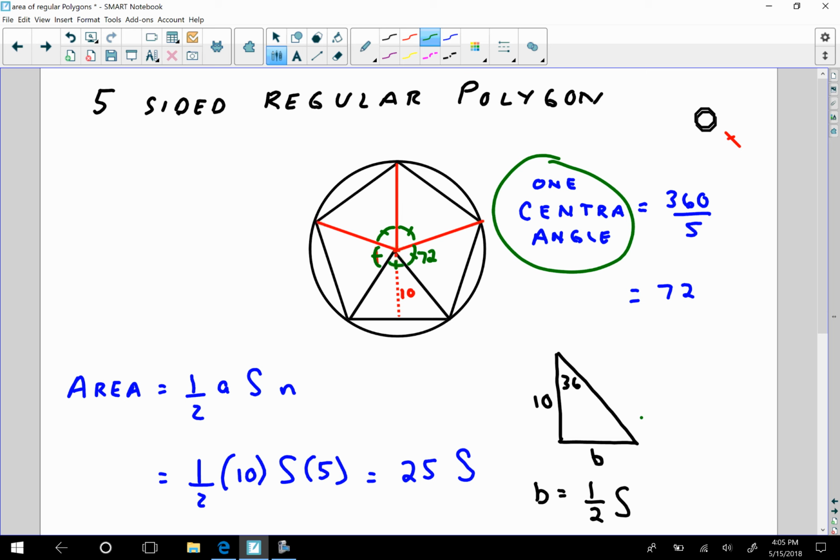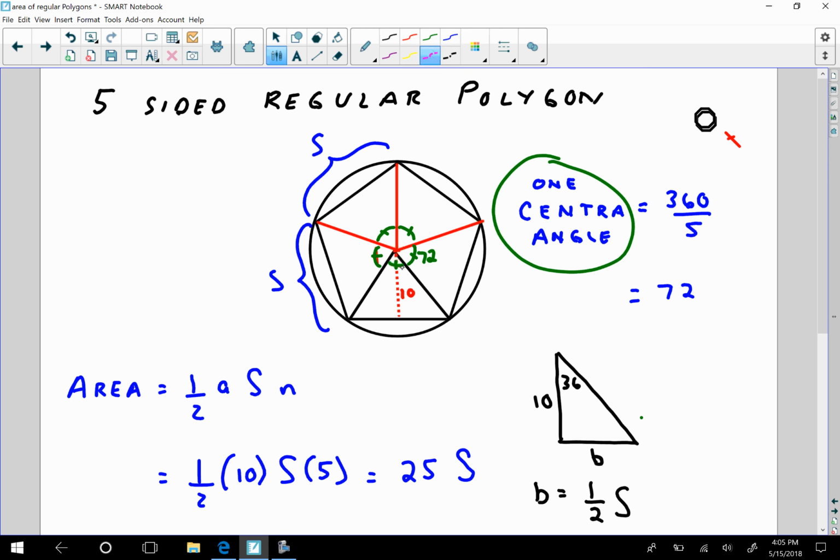That's invaluable information, and that's information that I'm going to use to find the length of one side. That's my objective, to find this creature S. Well, what I'm going to do is look at this particular isosceles triangle right here.